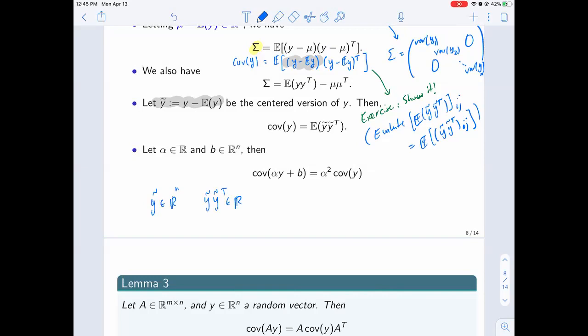N by n? Yeah, so this is n by n. And so when you take the expectation it would have the same dimension. So the dimensions sort of work out, right? So that would be the sigma. Right? Questions?